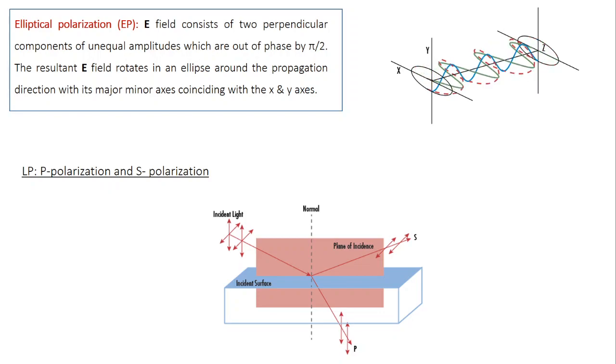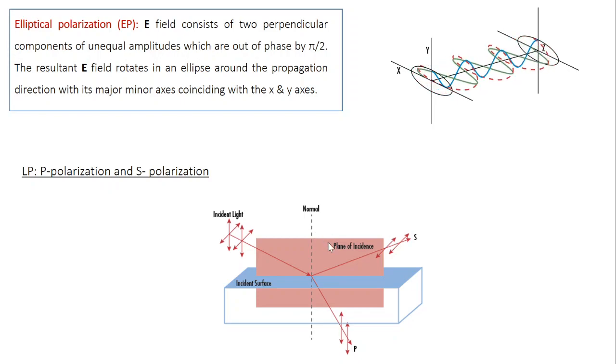There is also an alternative definition of P and S polarization. This is with respect to the plane of incidence. What is the plane of incidence? This is a plane which contains the incident wave, reflected wave, and the normal to the incident surface. So if you look at this geometry, this red plane, which is perpendicular to the incident surface, is the plane of incidence. Otherwise, the plane of your screen is the plane of incidence.